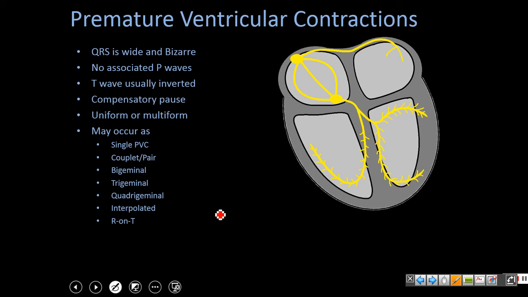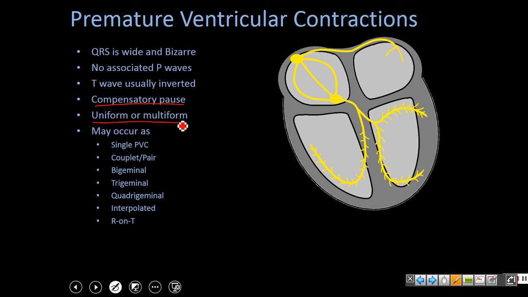The T waves are usually inverted. They have what's called a compensatory pause. A compensatory pause essentially means that since they occur within the ventricles, they don't travel all the way back up and depolarize the SA node and reset the atrial timing. That's not essential to know, but it's just a characteristic of PVCs.